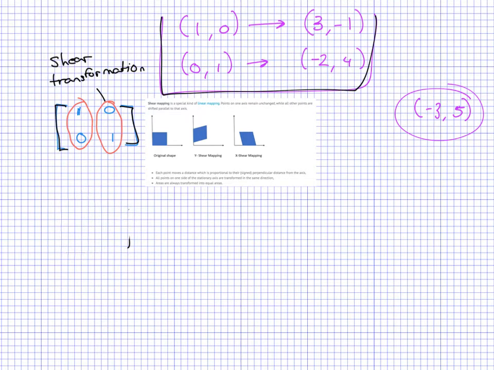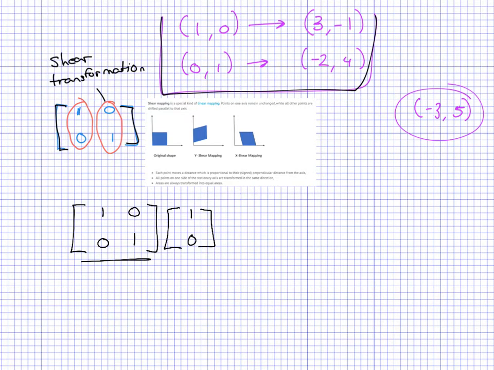Remember that transforming points using matrices runs off matrix multiplication. So I'll use just the basic transformation matrix, and I'll transform the point (1, 0). Remember, this matrix here is the basic one.